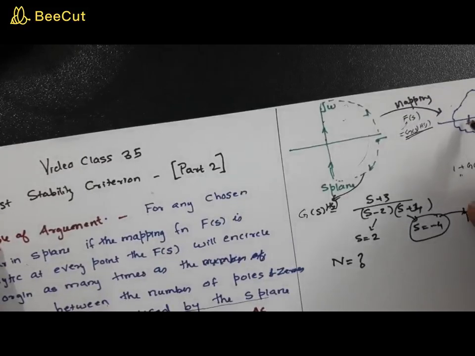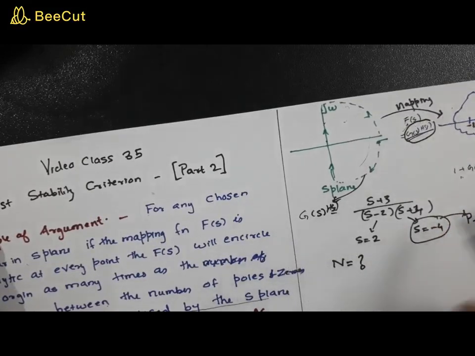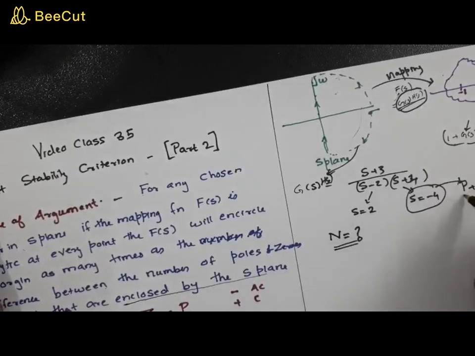Why? Hope you understood why I have taken minus 1 plus j0, because actually our concern is not G(s)H(s). We want to know about 1 plus G(s)H(s). So from G(s)H(s) itself, we will get the information regarding 1 plus G(s)H(s). The only thing is that you need to consider the origin to be at minus 1 plus j0. So from this you will get the N, already got P plus.